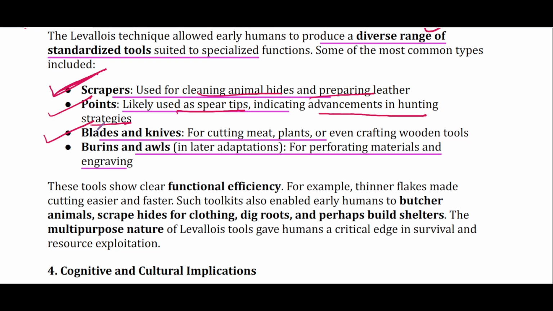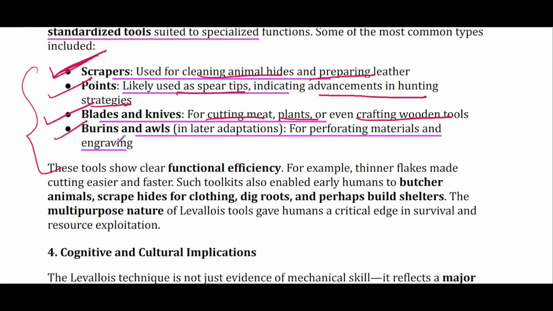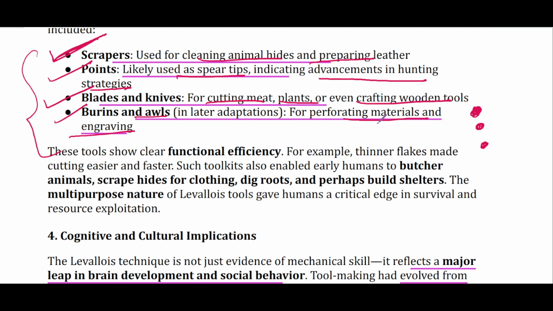Then such tools might be used as blades and knives for cutting meat, plants, or even crafting wooden tools. And then burins and awls for perforating material and engraving. Perforate means to make a hole inside bones or wooden work, wooden shafts, etc.